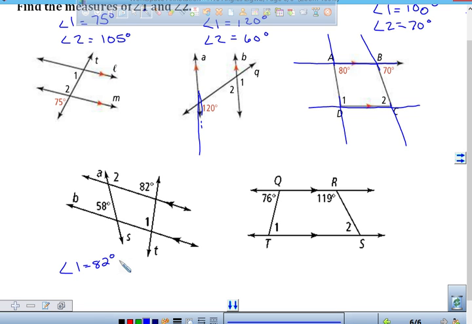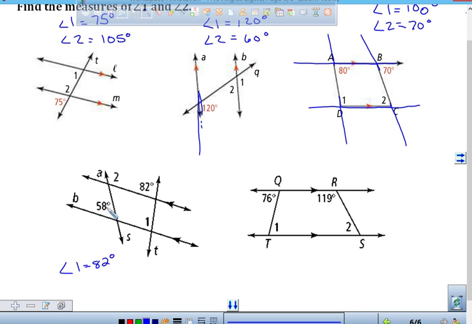Okay, how about angle 2? Use your parallel lines and the transversal that it's on. So I'm going to use this transversal this time. So I'm going to use 58 as my helping angle. Is 58 and 2 any type of angles that we've talked about? It's not. So what do I have to do to help find this? Chelsea?